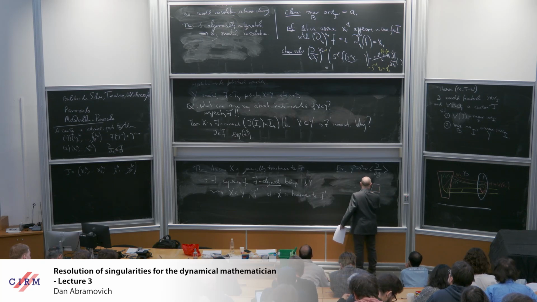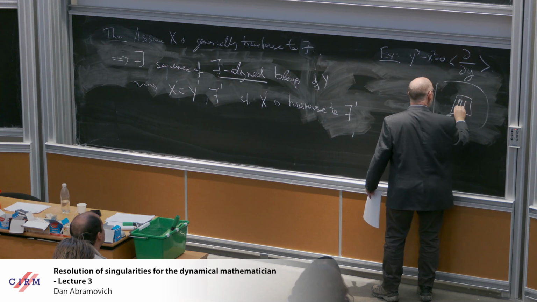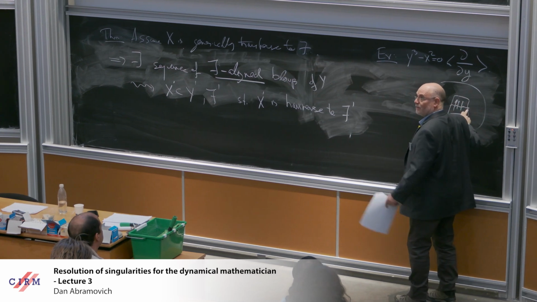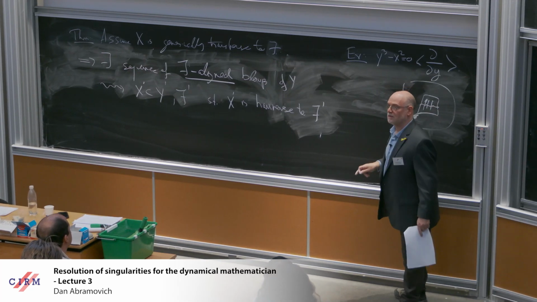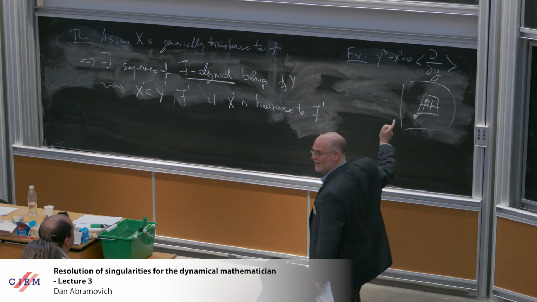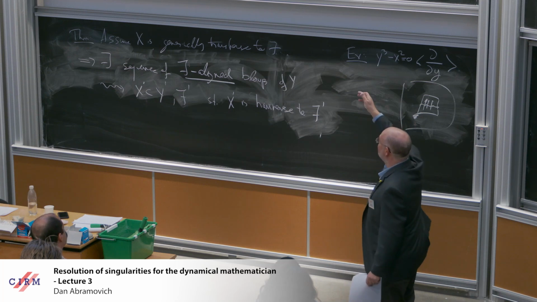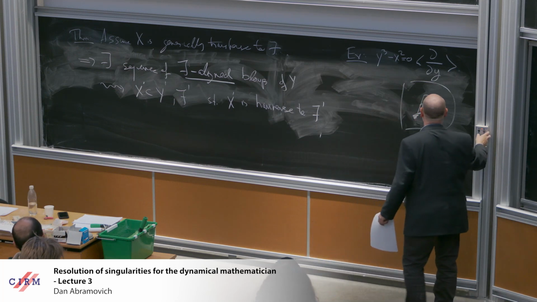So here's X, which may have a singularity, and the foliation is tangent to X, but I might make a mistake and try to blow up this. What this says is that if X is invariant, then I will never do that. So it does feel like I'm doing nothing because Hironaka has done everything for us. I'm stating that in order to be able to state a combined theorem.